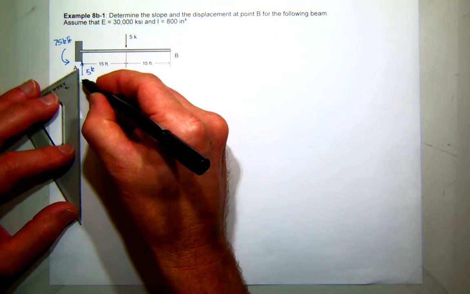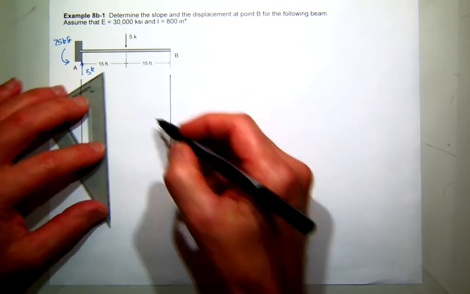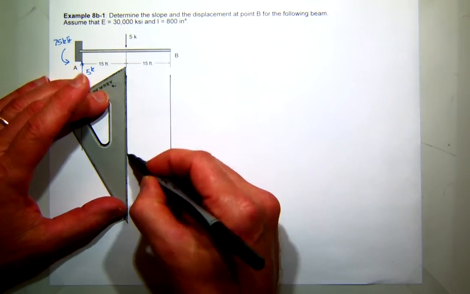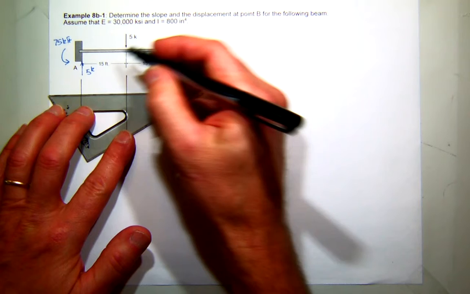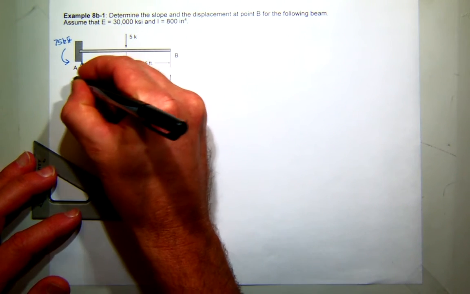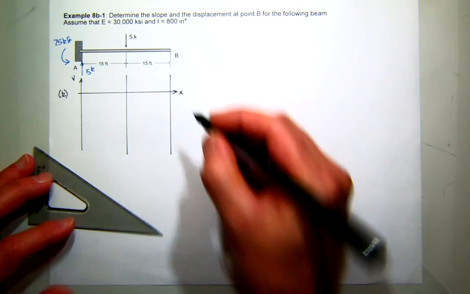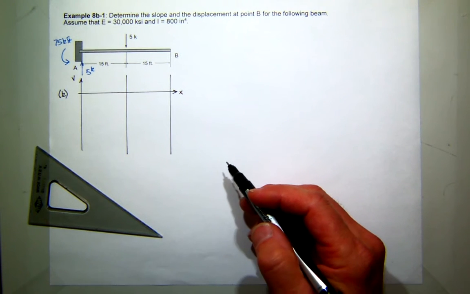So I'm going to quickly sketch my template for my shear moment diagram. There's my positive X, my positive shear. These will all have values of kips. So the shear at A is 5.